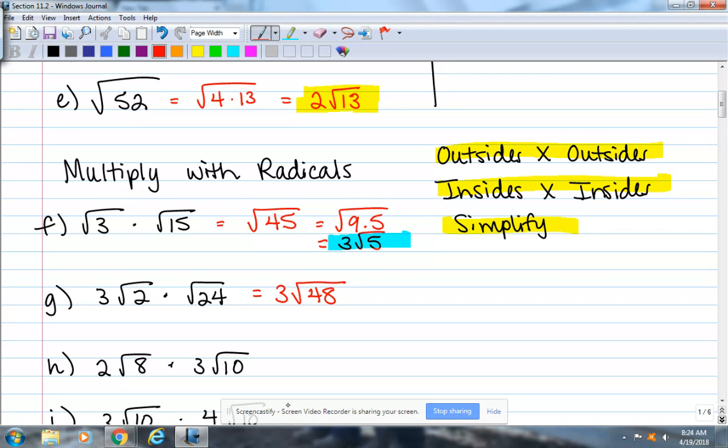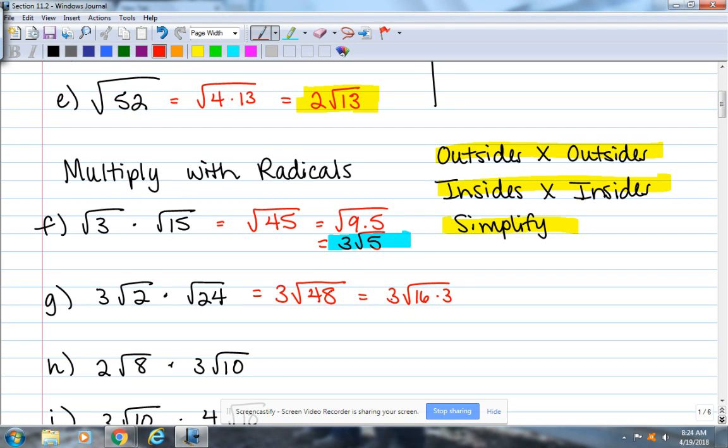And then you need to try to simplify radical 48 by looking to see what's the largest square number that goes into 48. 16. 4 goes into it, but it's not the largest, okay? So it's 16. So that's 3 radical 16 times what? 3. Now what's the square root of 16? 4. But I've got a 3 already on the outside.